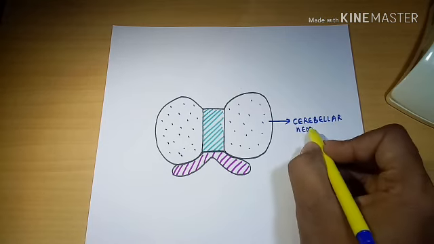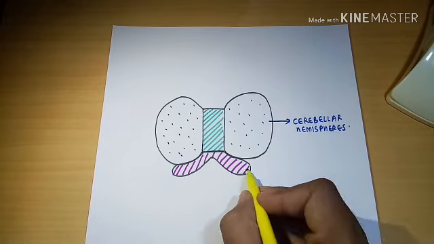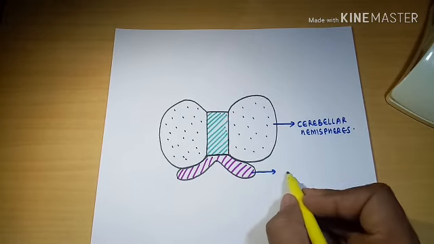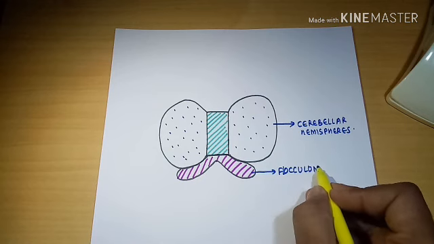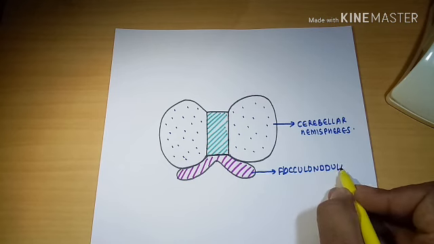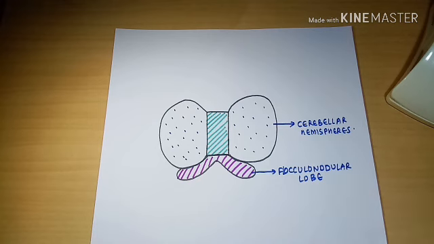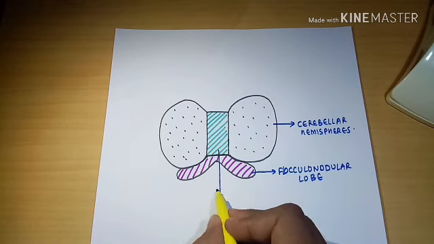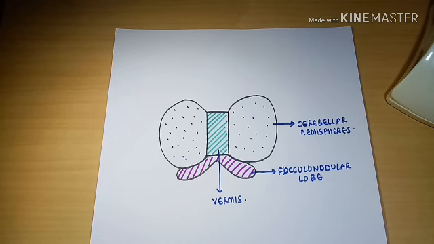And this is the flocculonodular lobe. And this portion is the vermis, or the trunk of the cerebellum. So in general, four areas are present in the cerebellum.